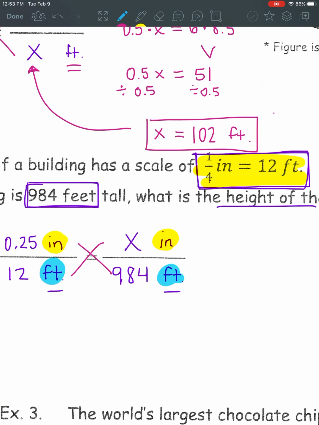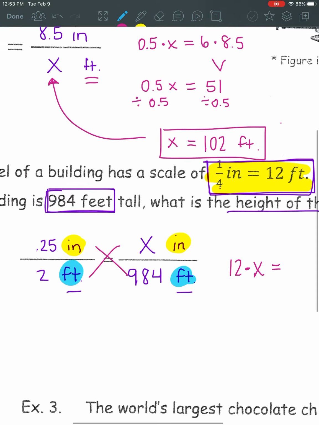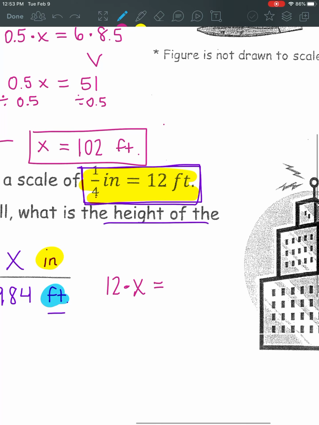So we will use our cross products again. So 0.25, and it really doesn't matter. Maybe I'll keep it consistent with the last one. I'll keep the diagonal with the x in it first. So 12 times x is that one diagonal. The other diagonal is 0.25 times 984.